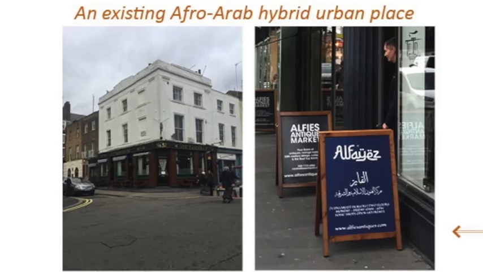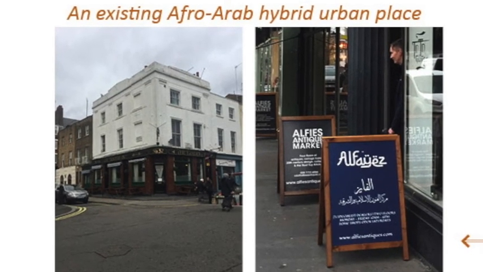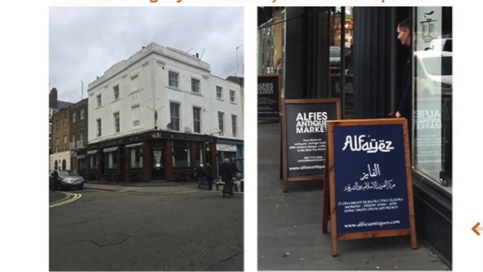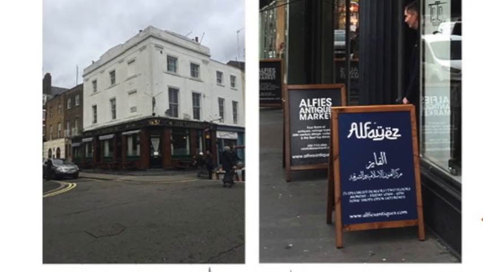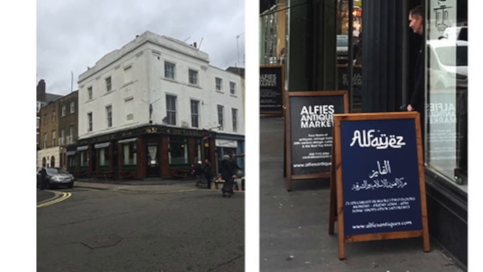sellers of different ethnicities. But what I found interesting about Al Faiz is that it was called both Alfiz and Al Faiz, so it had an Arabic name and an English name, and it in itself was a hybrid urban place. And so on one side of the building you have ancient Egyptian paintings, and then on the other side you have Gustav Klimt's European paintings.